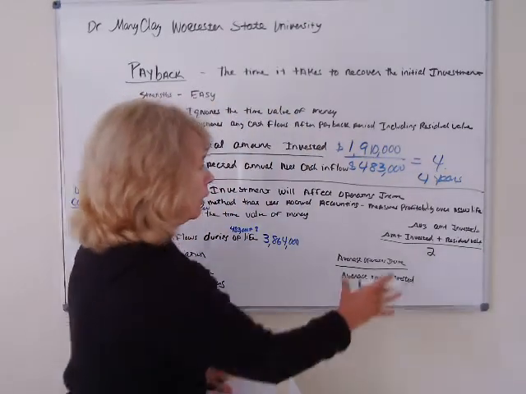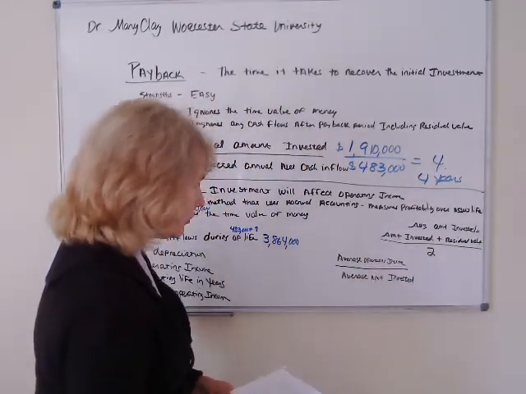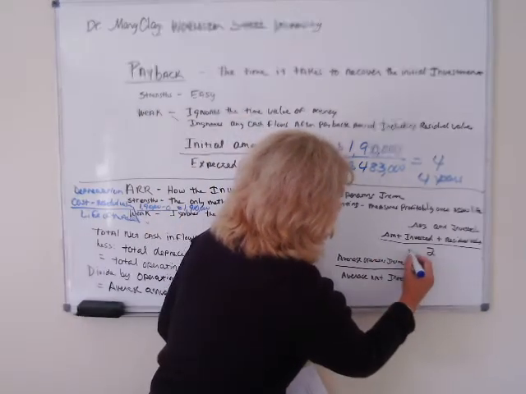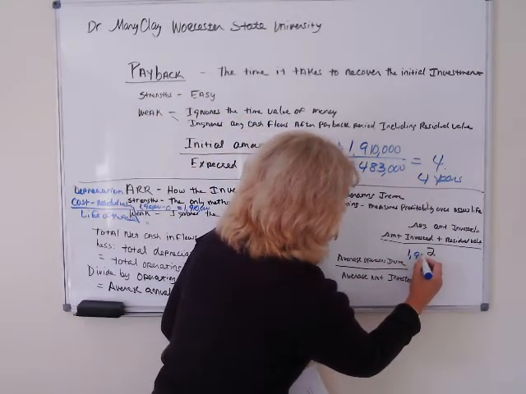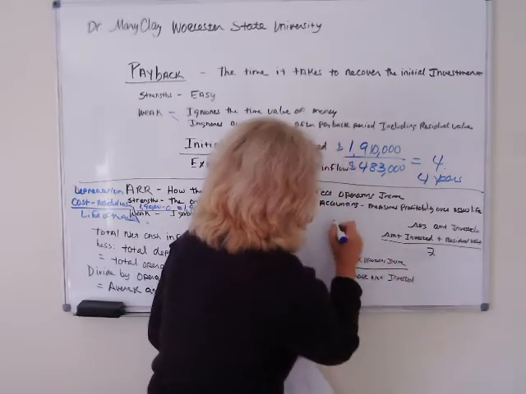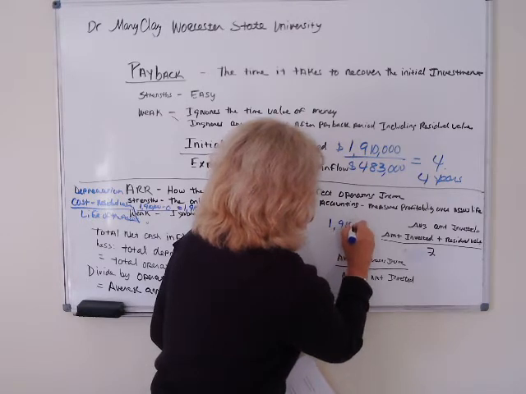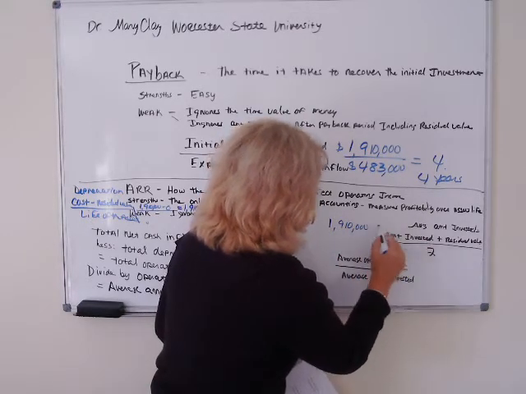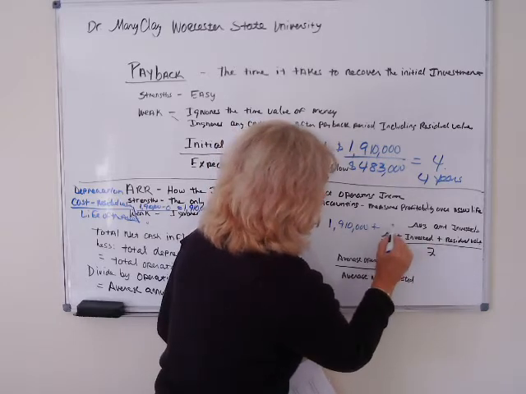All right, so now let's put in the numbers. We're going to do the amount invested, 1,910,000. And we would normally add the residual value, but that's 0.